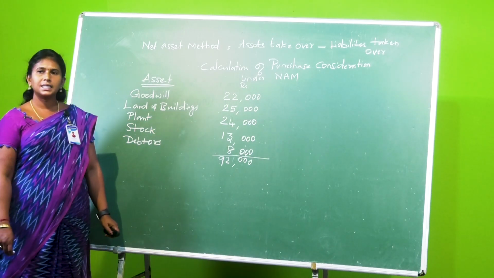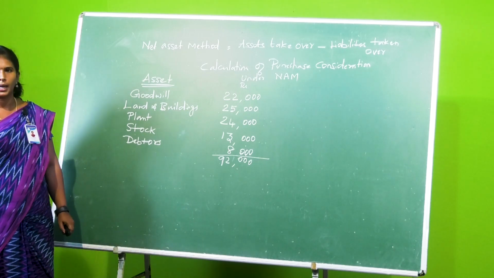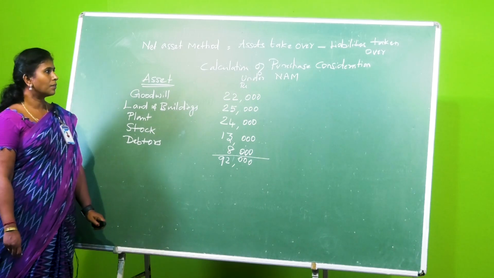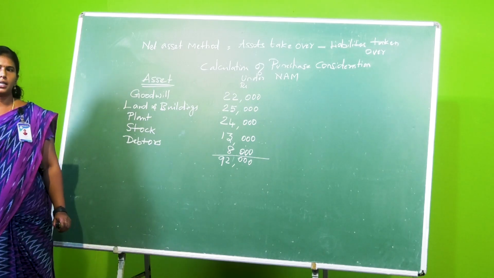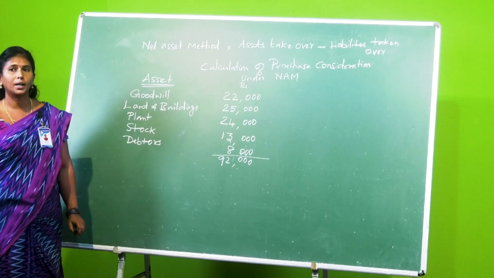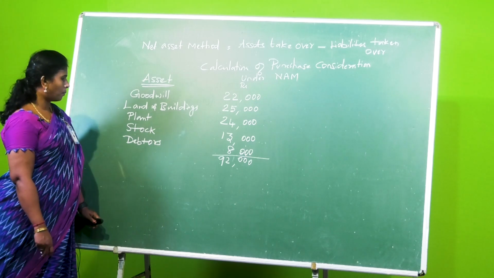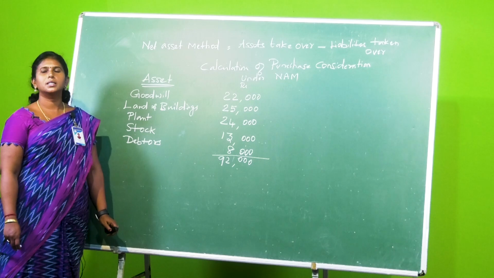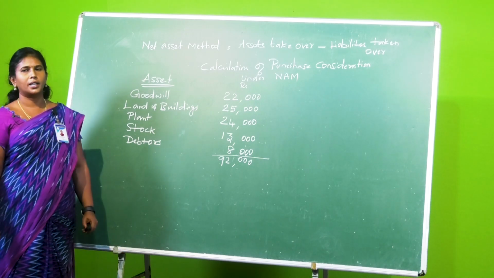From this total of assets taken over, we will deduct the liabilities. What is the agreed value of liabilities taken over? When we see liabilities taken over, we deduct only trade liabilities. So in this particular problem, the trade liability taken by the purchasing company is only sundry creditors.